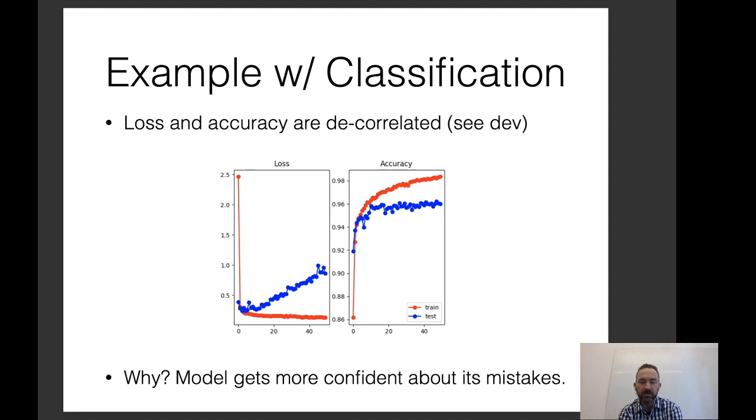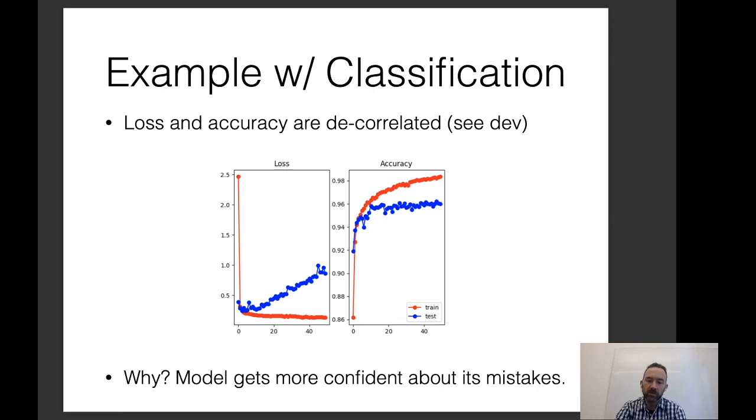And because of this, the log likelihood of the correct answer actually gets very poor. However, for accuracy, the model starts to fit these rarer examples or rarer patterns. And because of this, it needs to have a sufficient amount of training before that happens.